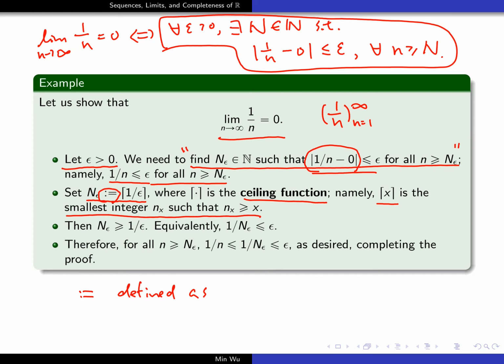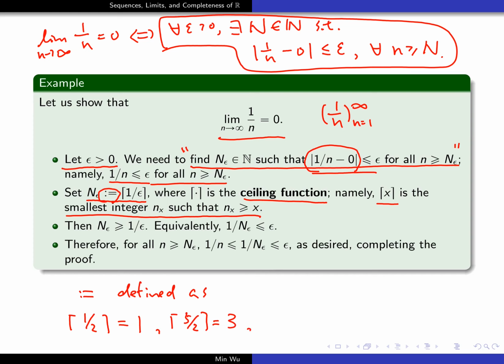So for example, if we take the ceiling function of 1/2, then this will be equal to 1 because 1 is the smallest integer that is greater than or equal to 1/2. And also if we take the ceiling function of 5 over 2, then because 5 over 2 is 2.5, 3 will be the smallest integer that is greater than or equal to 5 over 2.